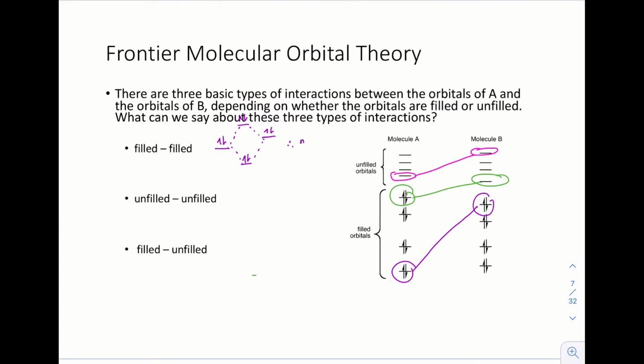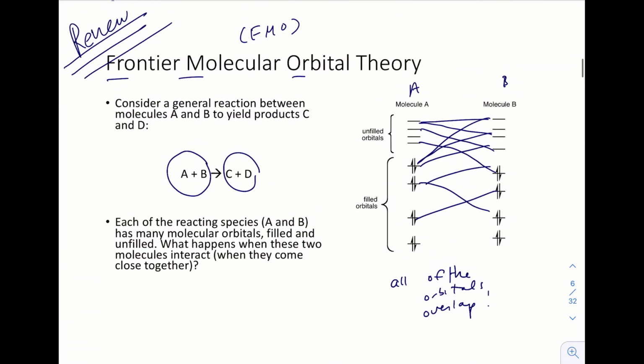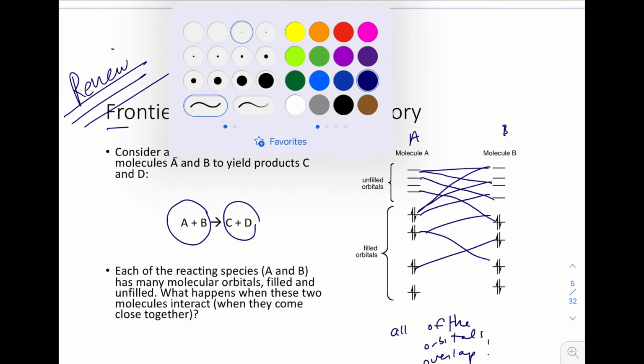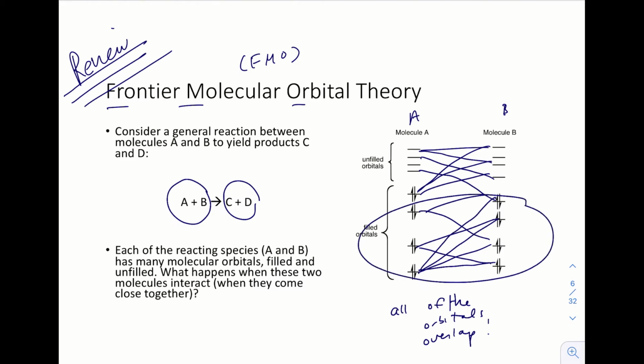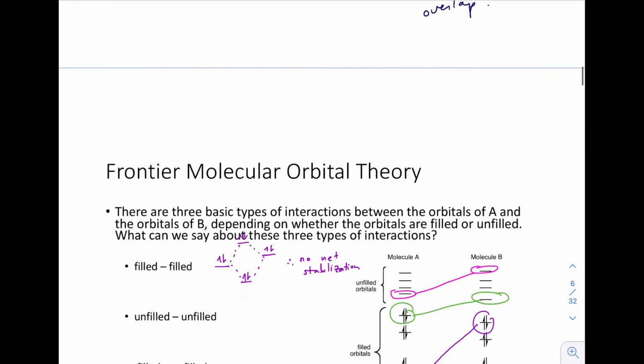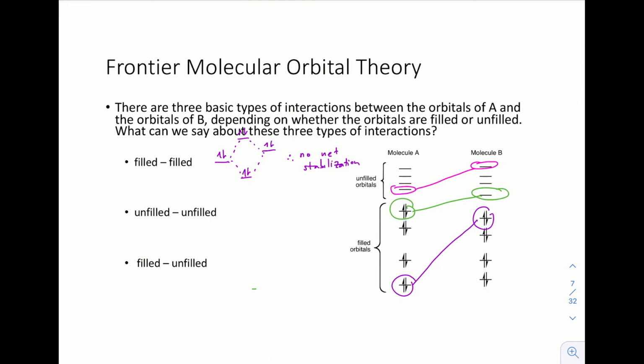Thus, there is no net stabilization of electrons when two filled orbitals overlap, and we do not need to consider that type of interaction. Great, so we can narrow down some of the different interactions that we're considering. We do not need to consider all these interactions, many of which I have not drawn, when the filled orbitals overlap. It's not productive. There's no net stabilization of electrons.